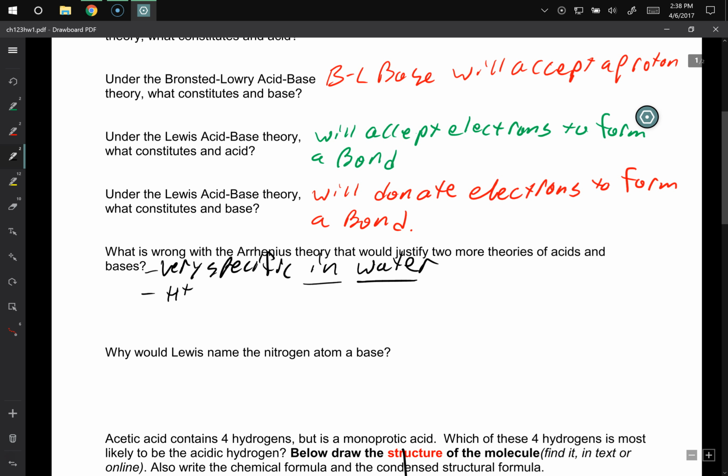Okay, H pluses do not exist free in water. You'll have a hydronium ion. What else?